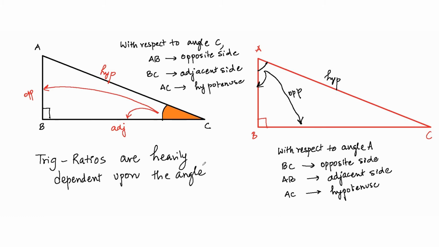The definition of the opposite and adjacent changes with respect to the angle, and that is why the trigonometric ratios are going to depend on which angle is under consideration. So let us take some examples now. Let us now write all the possible ratios that you can have in a given triangle.